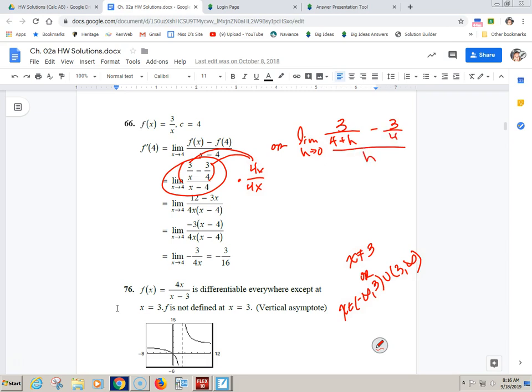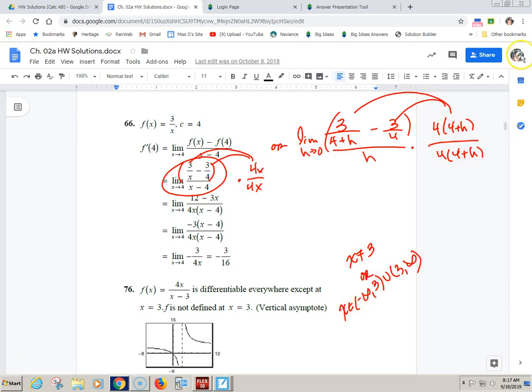That also would have equaled f prime of 4. But you still would have needed to simplify your complex fraction. Does that make sense? Both of them should get you to -3/16.